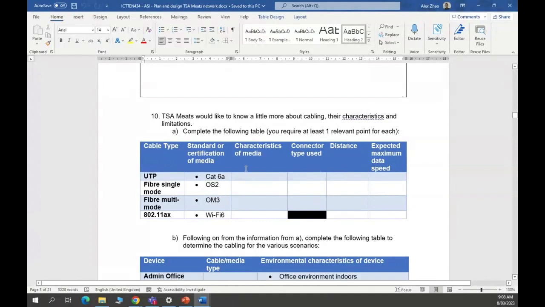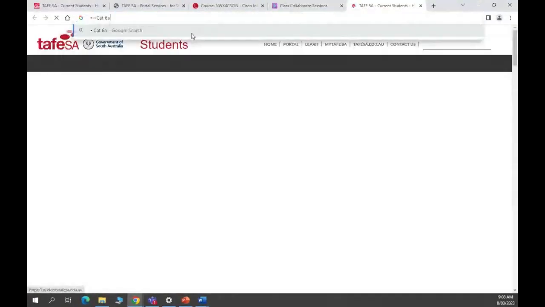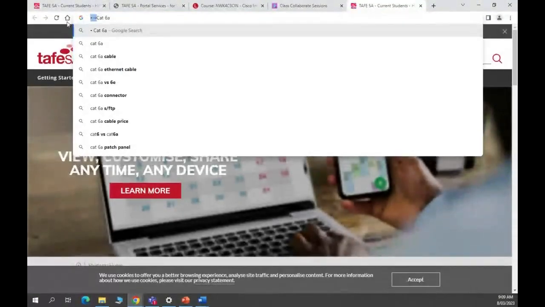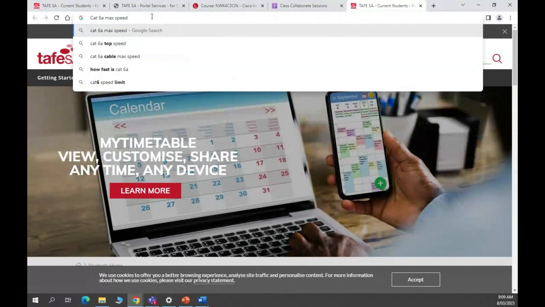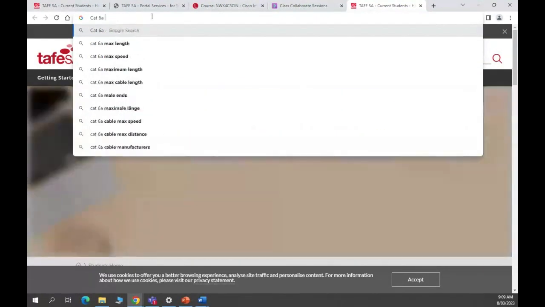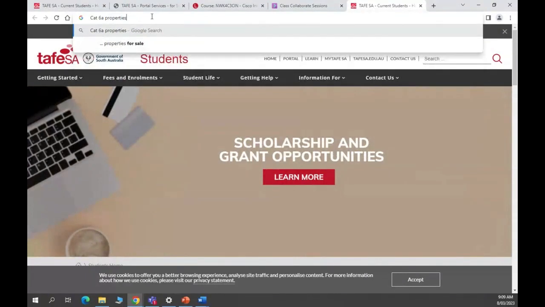So if I want to find out the connector type, the distance, and expected maximum data speed, let's actually just get this out and put it in our browser. I'm not giving you an answer, I'm just saying what I would do. So forget about this little part. Max speed, or actually let's just see if we can get all of it in properties.